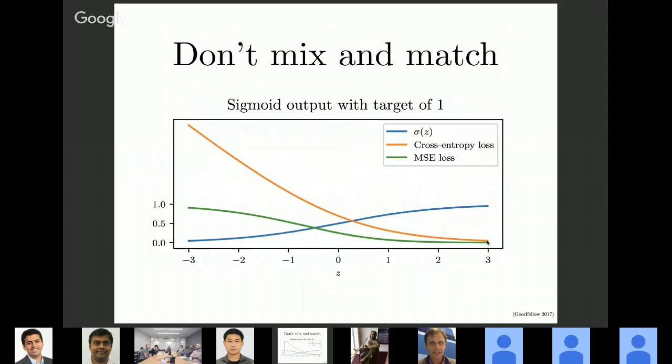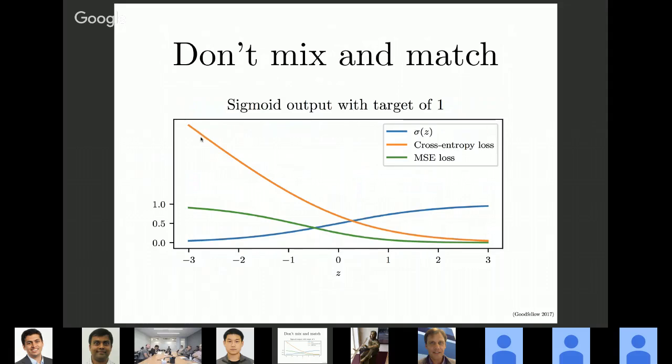The reason that the cross entropy has strong gradient over here is that your sigmoid function has an e to the x in it, and your cross entropy function has a log in it. So the log and the e to the x partially undo each other. There's other components to the sigmoid that don't get undone by the log, but you get enough of it undone that you get this strong gradient here.